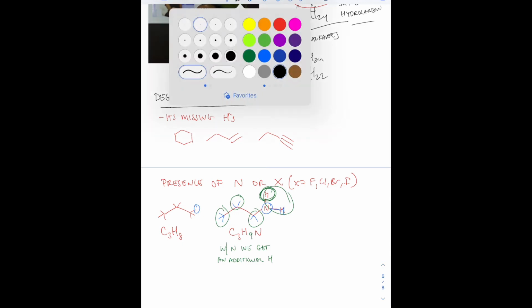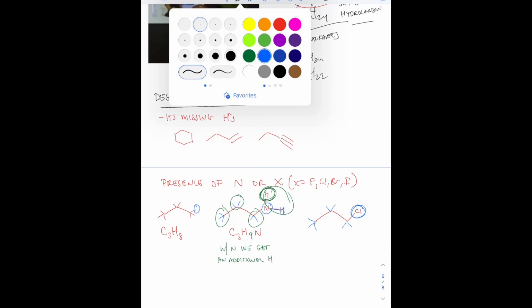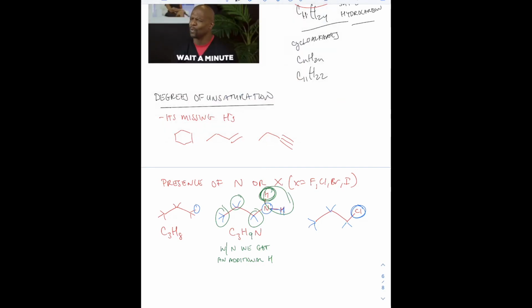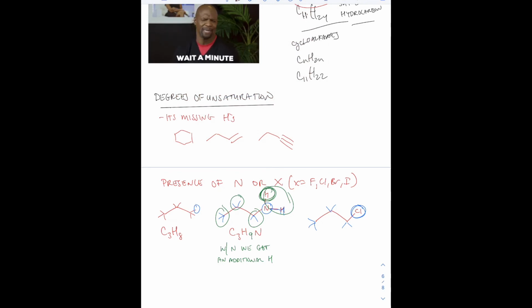Now, let's take a look at the presence of an X atom. Since we're in red already, let's just use a chlorine instead of just using an X. Well, how does this affect the number of hydrogens? We got 1, 2, 3, 4, 5, 6, 7. So this chlorine actually took the place of that hydrogen, but it really didn't affect it.